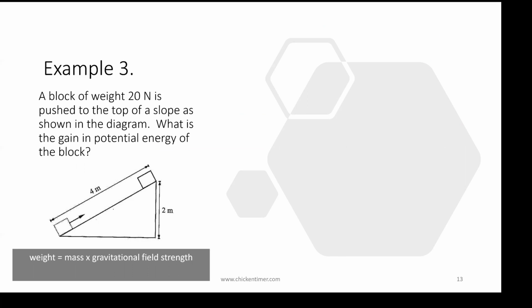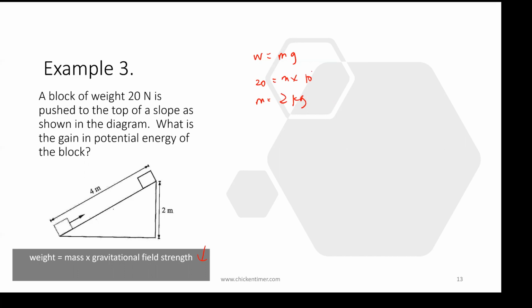20 divided by 10 to find the mass. So it's because of this. 20 equals mass times 10. Mass equals 2 kilograms.